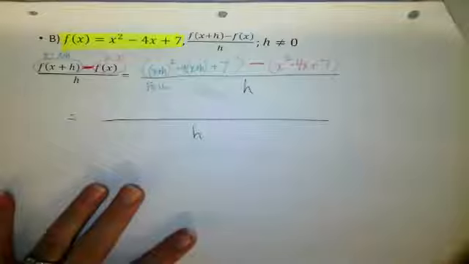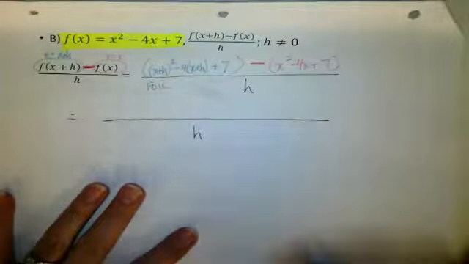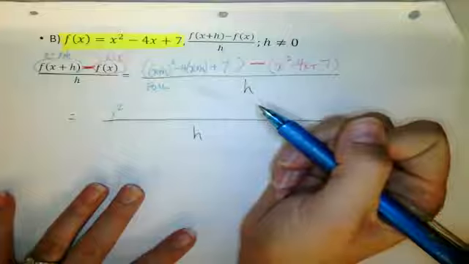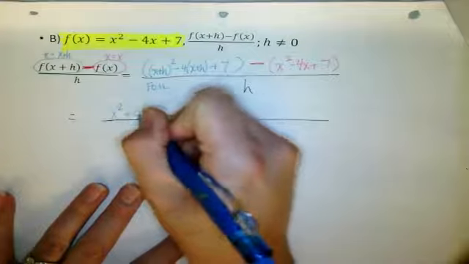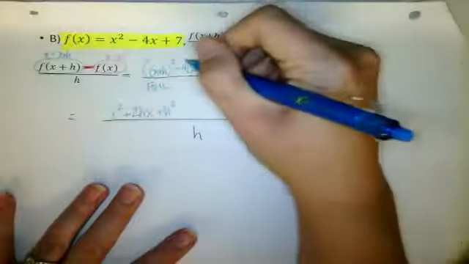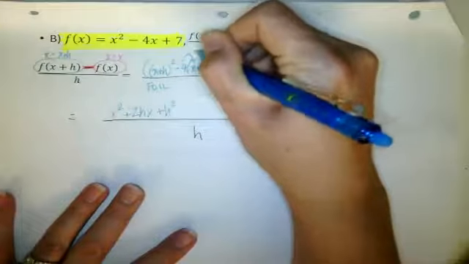Okay. I need to FOIL my x plus h quantity squared. What do you get when you FOIL x plus h times x plus h? Almost. X squared plus 2hx, or xh, however you want to say that, plus h squared, good. I'm going to distribute.